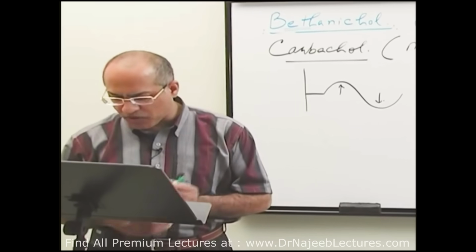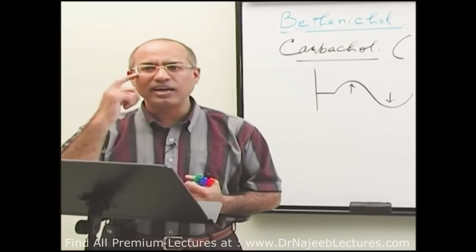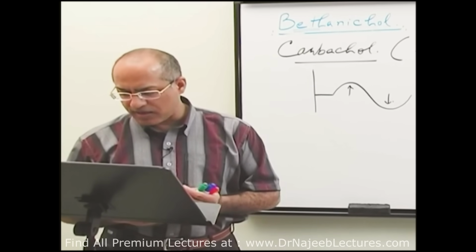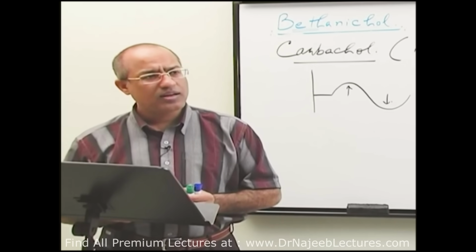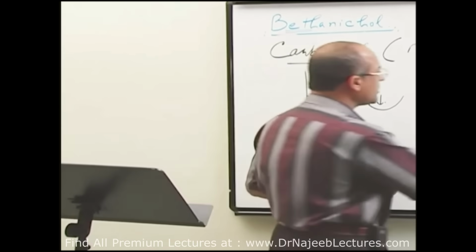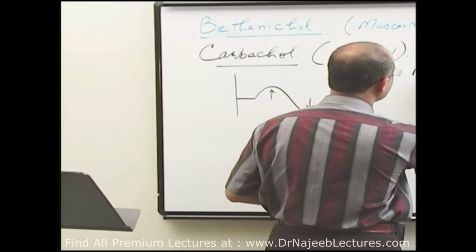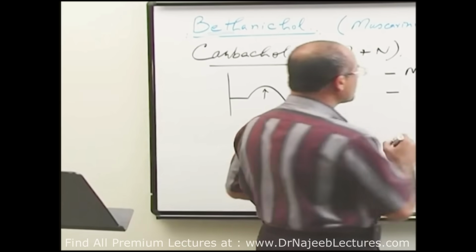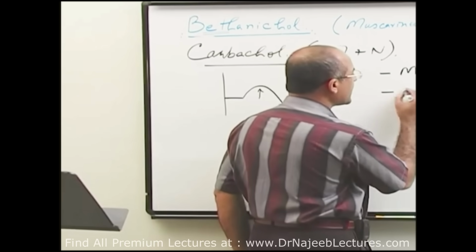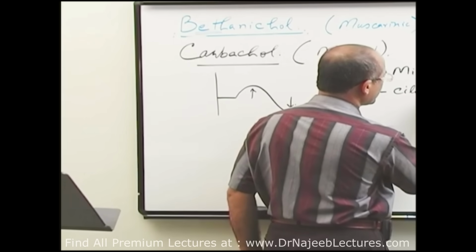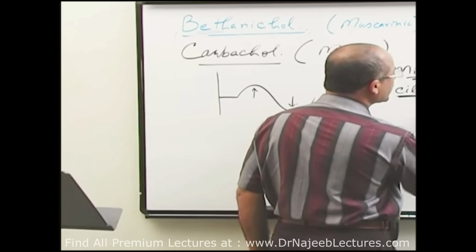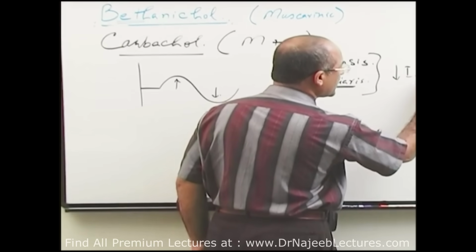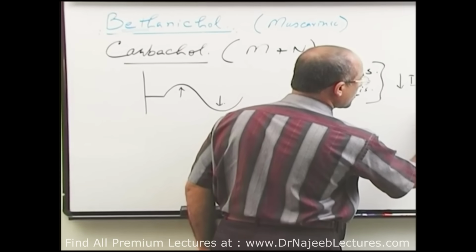The only important use of this drug is in the eyes, right? We use carbachol for producing miosis and also for contraction of the ciliary muscle. Actually, by these actions, it helps us to lower the intraocular pressure in patients with glaucoma.